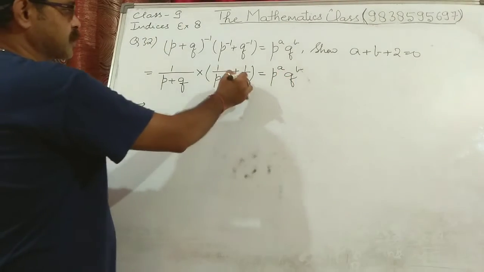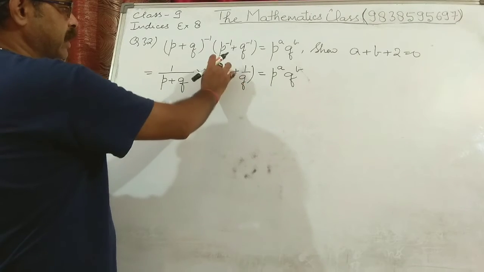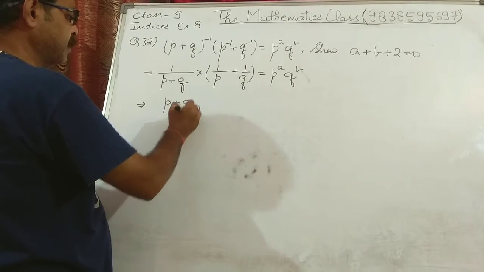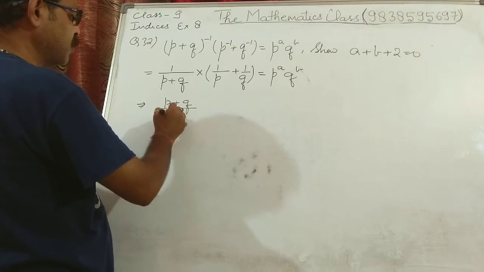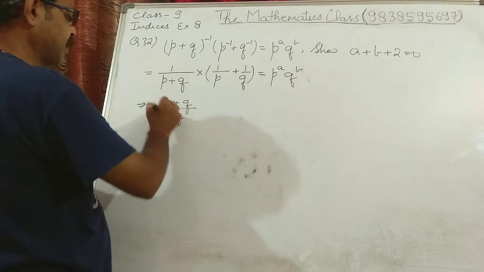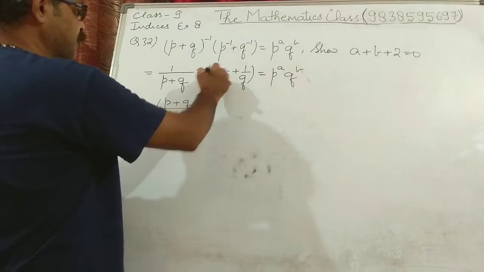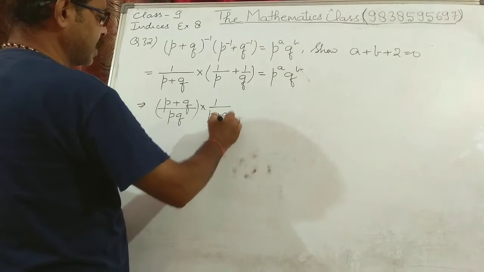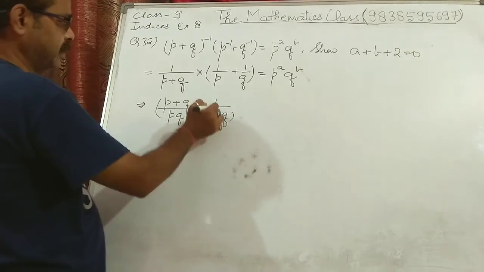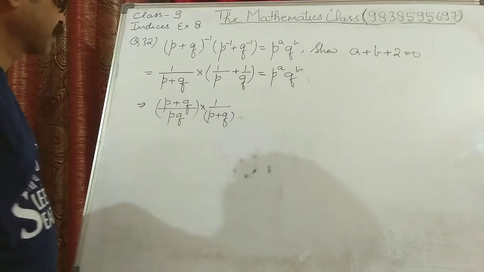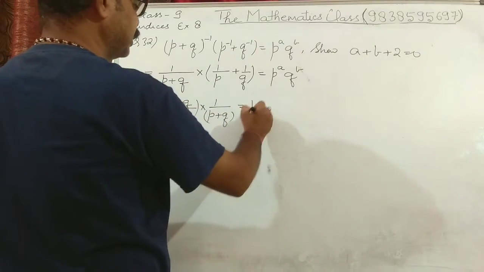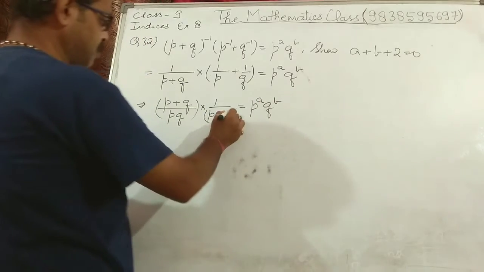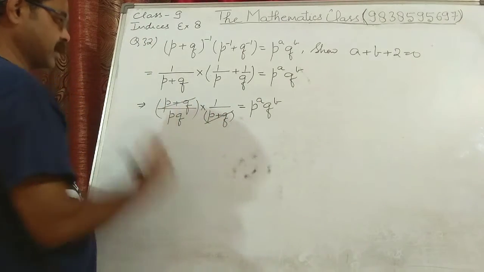Now if you solve, the LCM will be pq and here you will get p plus q. So I am writing directly, it will be p plus q upon pq, into 1 upon p plus q, is equal to p to the power a, q to the power b. Now this and this will cancel.